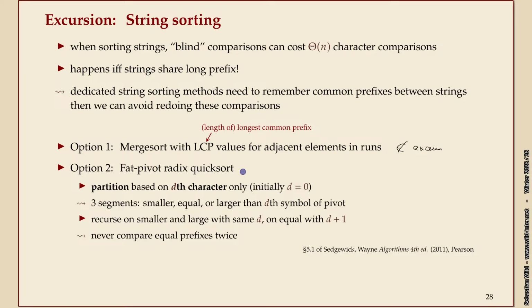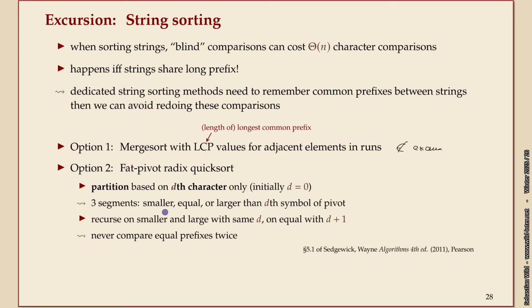There, all you need to do is to have a partition function that looks at a single character, namely the dth in this write-up. So I'm only focusing on the dth position in all the strings. And my pivot is also a single character. I'll pick a pivot string, but I'm only looking at the dth character. So there's three possibilities for what the dth symbol of all the input strings and my pivot string are like.